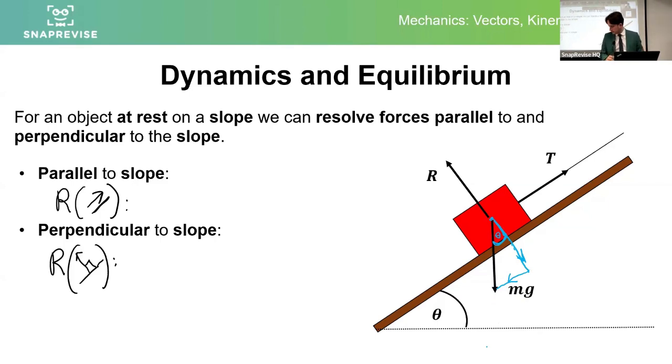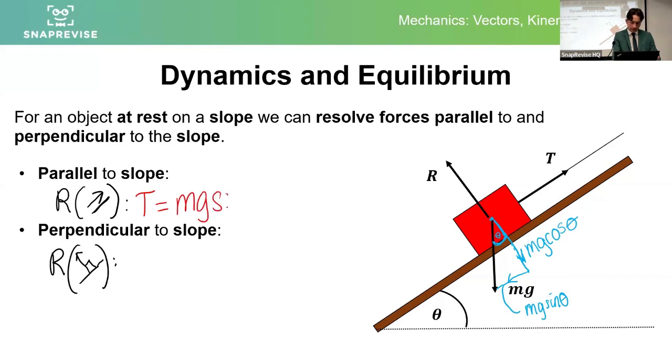But what that means is that this bit here is mg cos theta. And this bit here is mg sine theta. So when I come to resolve parallel to the slope, if this is balanced, if this is an equilibrium, then we have T equals mg sine theta.